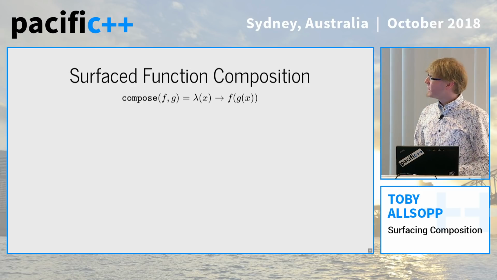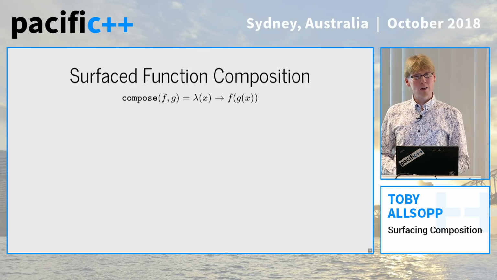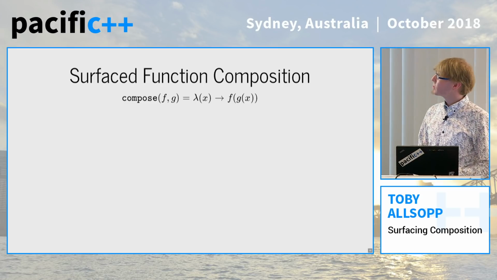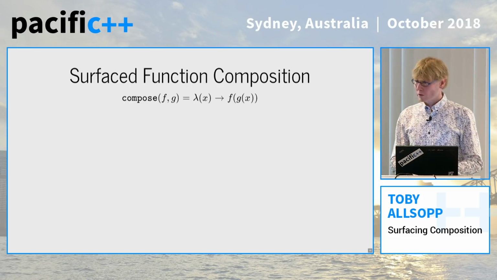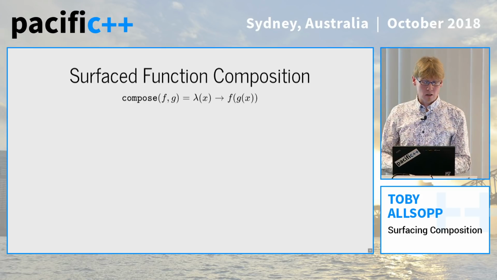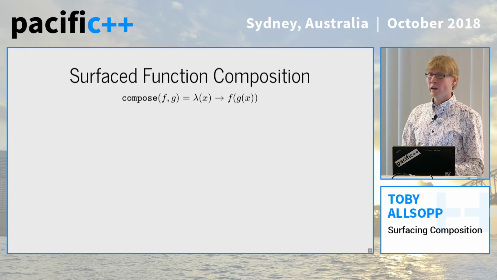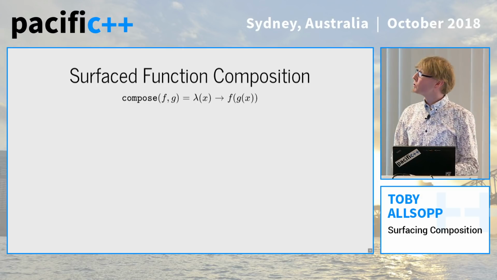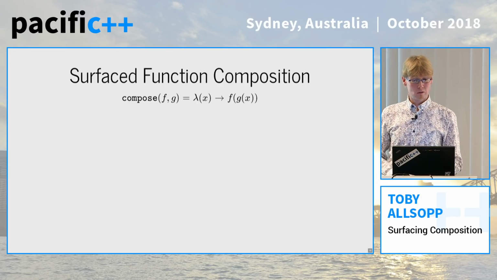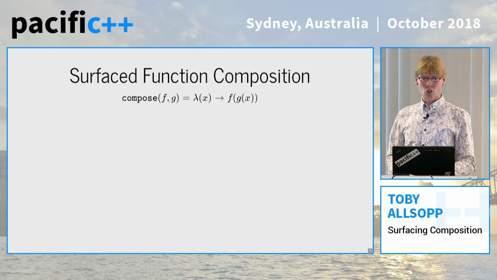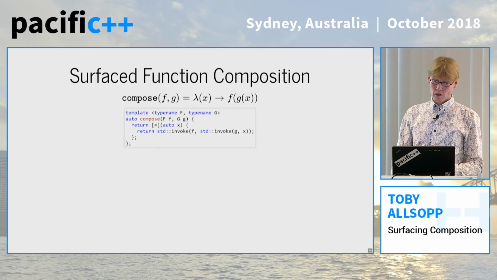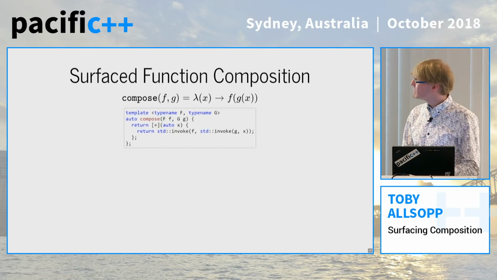So I'm going to define an operation on functions called compose. This bit of mathy looking thing here just says that we've got an operation compose, which takes two functions f and g, and returns you another function that takes one parameter, passes it to g, and then passes the result of that to f. And we can write that in C++.